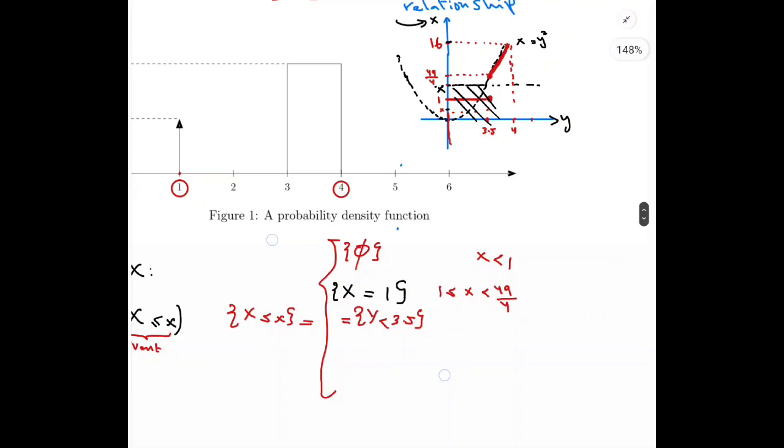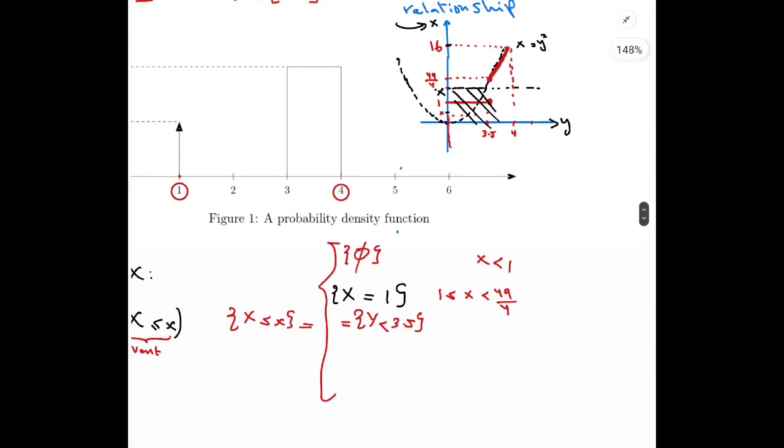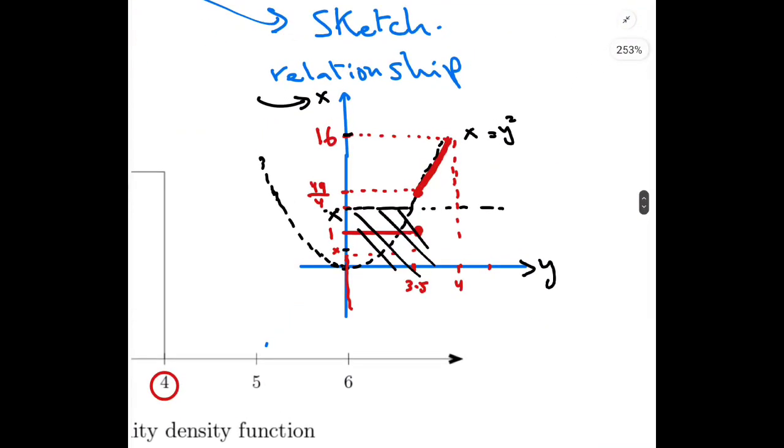Now what happens if x is between 49 over 4 and 16? So you can see that the mapping here can be broken down.